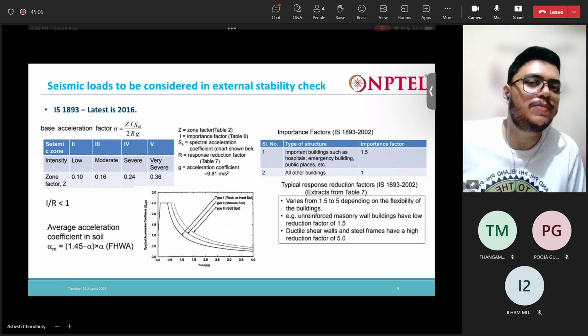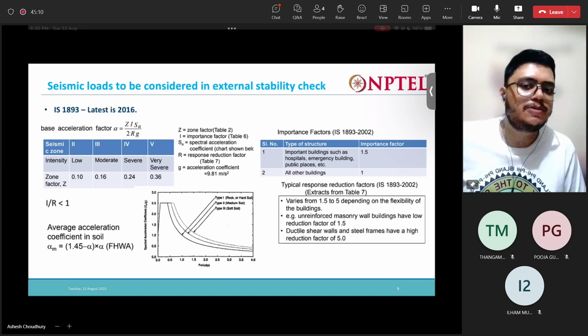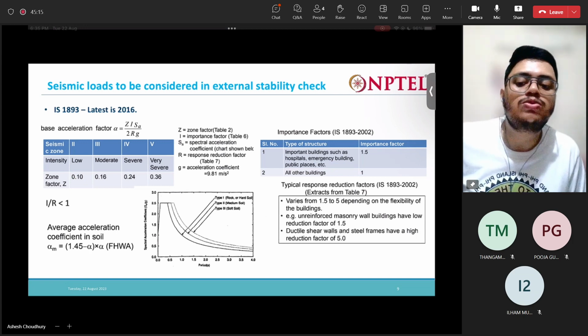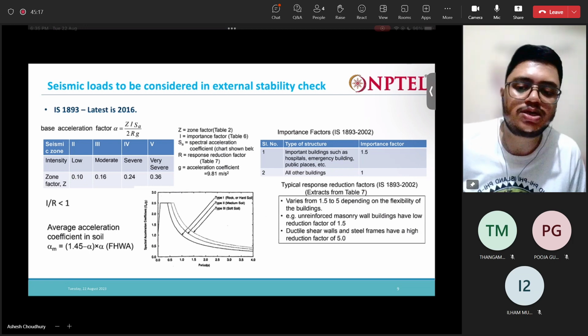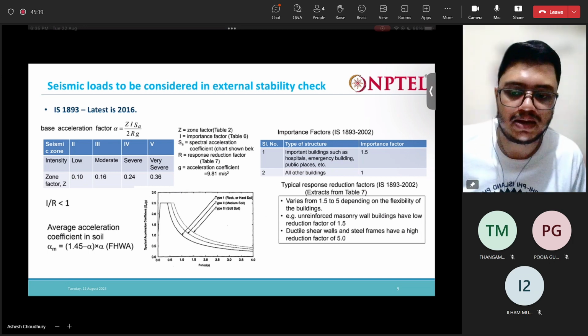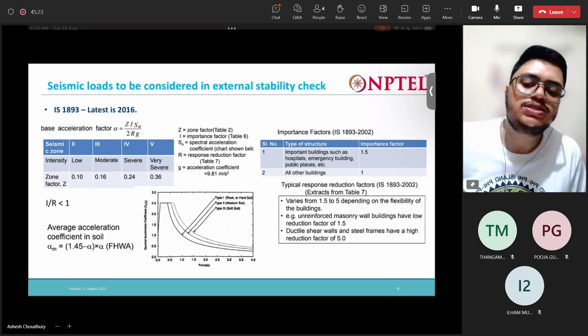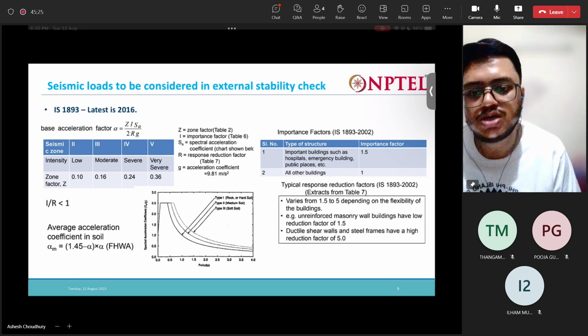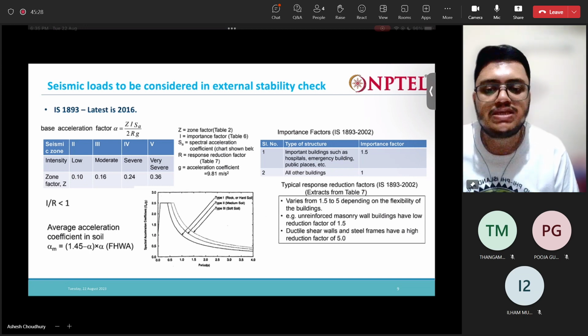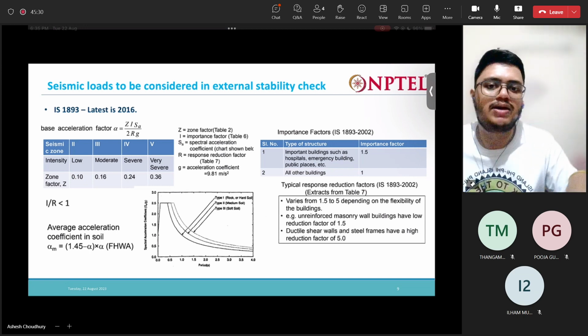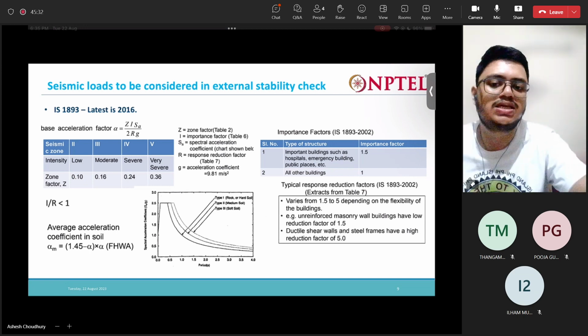So our structure will have some fundamental period, and corresponding to that period we can determine the spectral acceleration coefficient SA by G from this graph shown here. You can see different graphs for different types of soil; this is generally given for buildings.